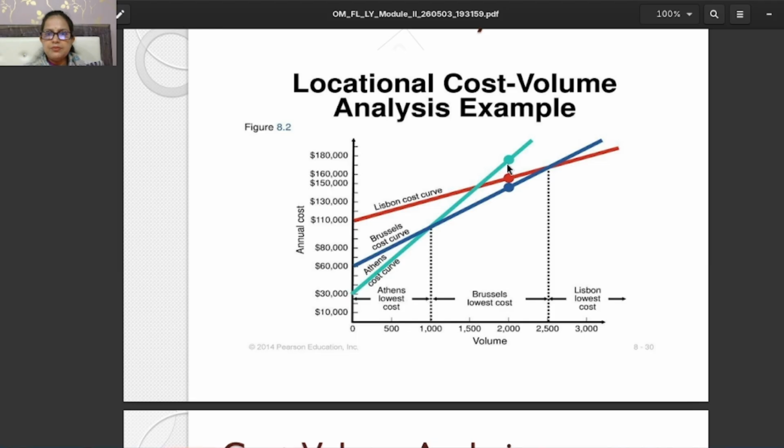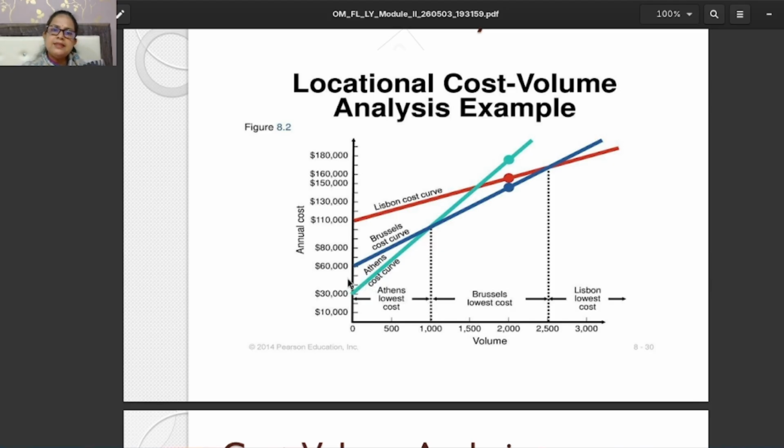So we are getting one point here, 30,000, and another point at 1,80,000 on 2000. So we can draw one line here.